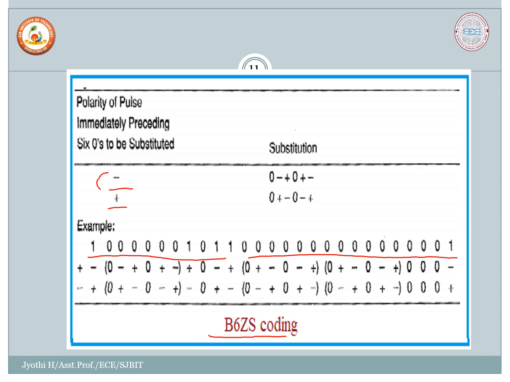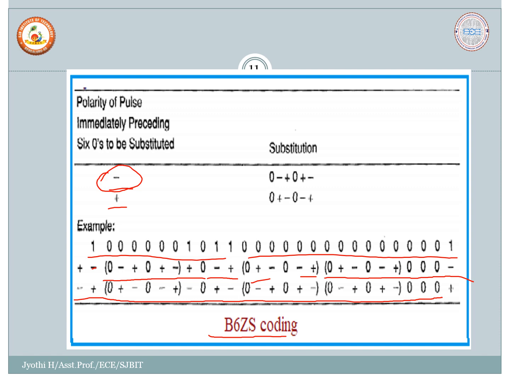So if you consider the previous one as negative, this code becomes 0 minus plus 0 plus minus plus 0 plus 0 minus plus, and here it is 0 plus minus 0 minus plus, and here it is 0 plus minus 0 minus plus 0 0 0 minus. So minus plus 0 plus minus 0 minus plus minus 0 plus minus 0 minus plus 0 plus minus. So 0 minus plus 0 plus minus, and followed by 3 zeros and plus.